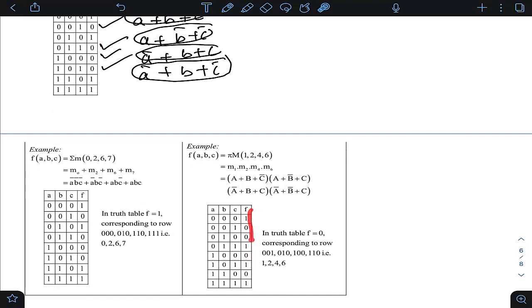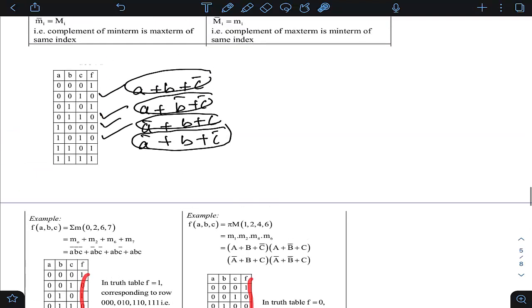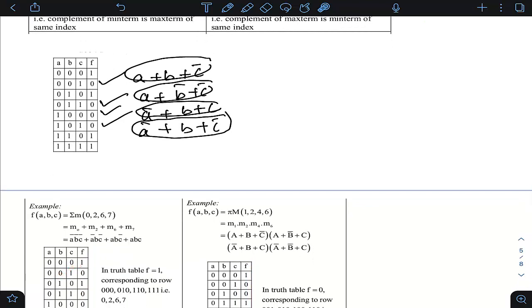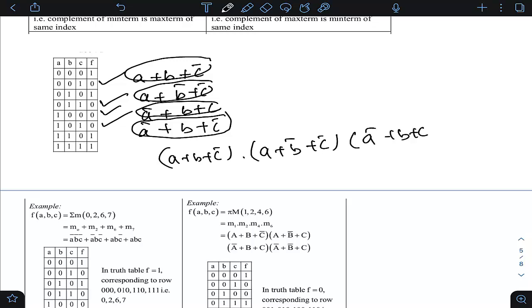This table and the earlier table are not the same, so I should not match with it. So for this table, you have to write it this way. The expression would be A plus B plus C bar, ANDed with A plus B bar plus C bar, ANDed with A bar plus B plus C, ANDed with A bar plus B plus C bar. So this would have been the expression.